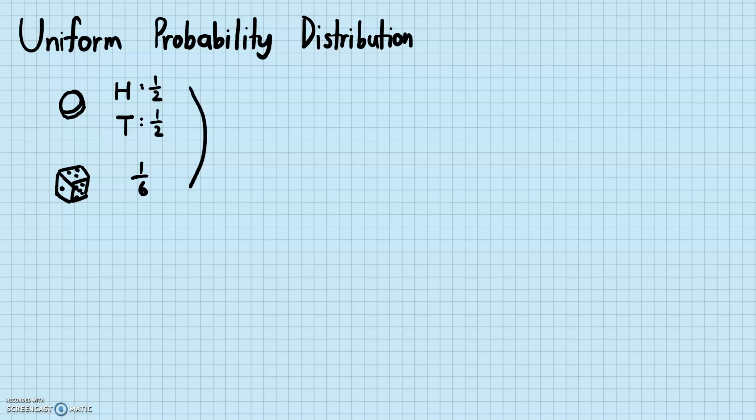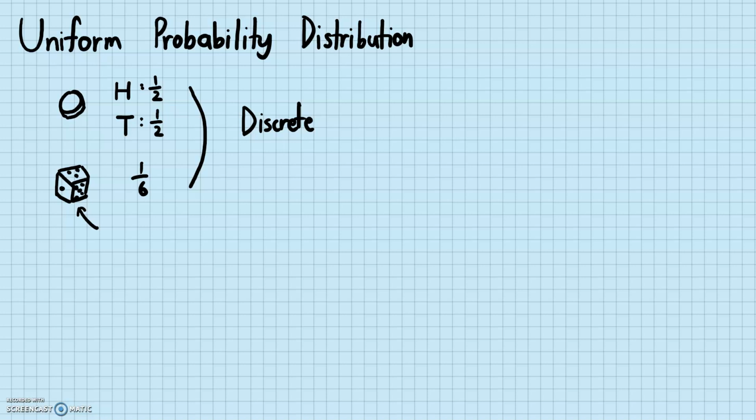And these are actually discrete examples. Because again, if we're looking at the die, you can't roll a 1.5 or a 3.7. It's either a 1 or a 2 or a 3 or a 4 or 5 or 6. And same with heads and tails. You can either roll a head or a tail. You can't roll anything in between. So these are both discrete cases.